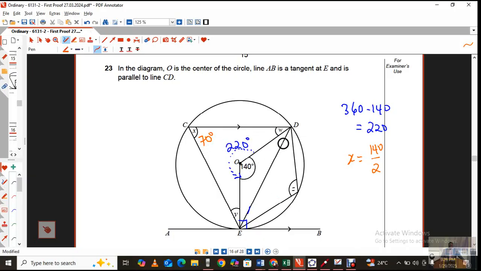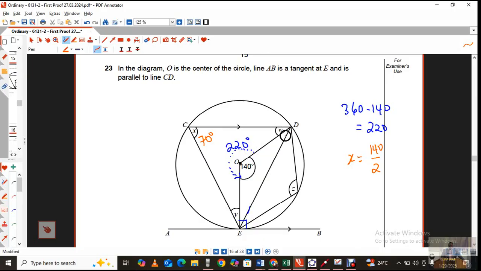The angle at the center, subtended by the same chord or the same arc, is twice the angle at the circumference, subtended by the same chord, DE, or the arc. Okay. Right. What else can I calculate using the same thought process?